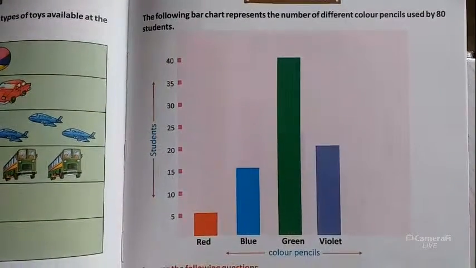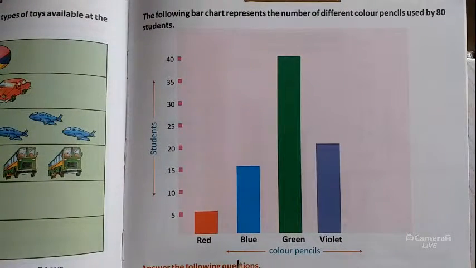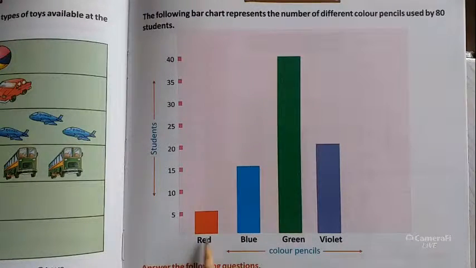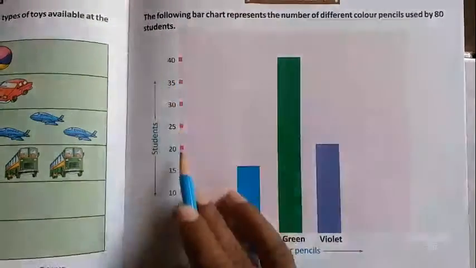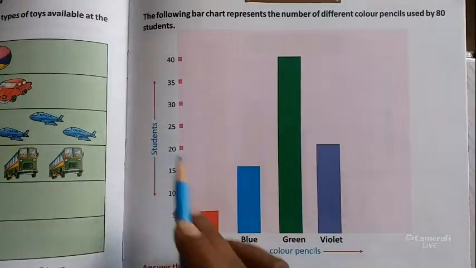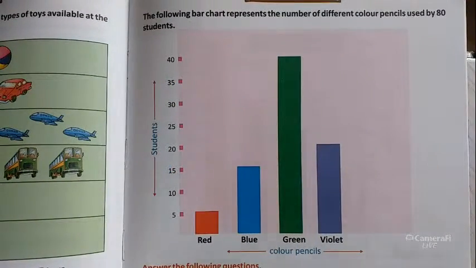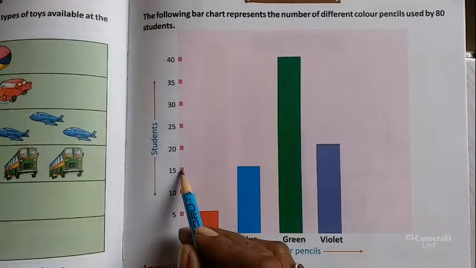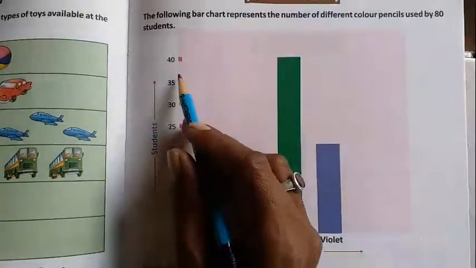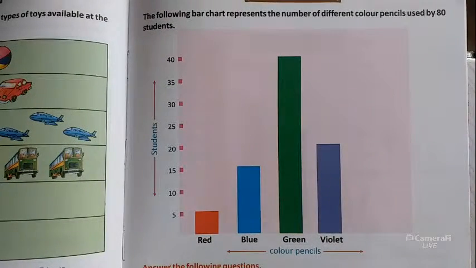In this bar graph, color pencil colors are represented on the horizontal axis, and along the vertical line the number of students is taken. This is 5, again same distance 10, 15, 20, 25, 30, 35, 40. These are marked. Now what does the bar graph show?